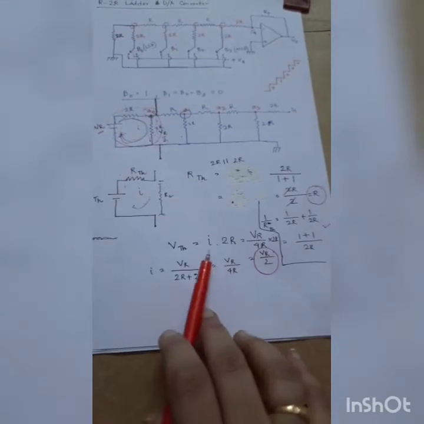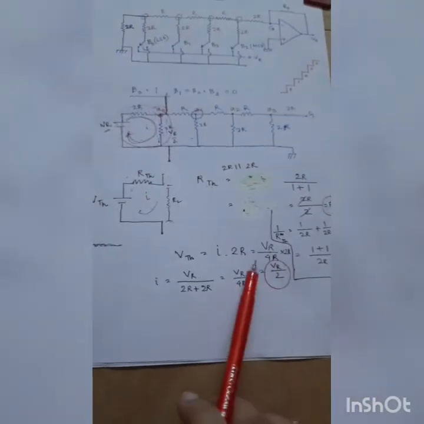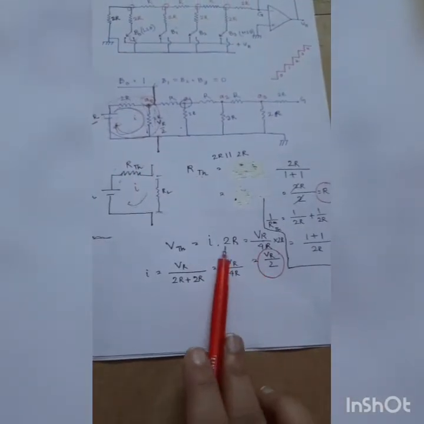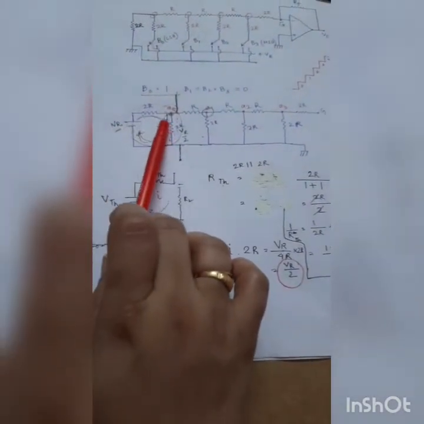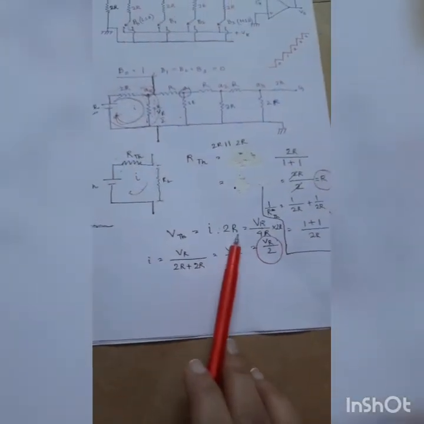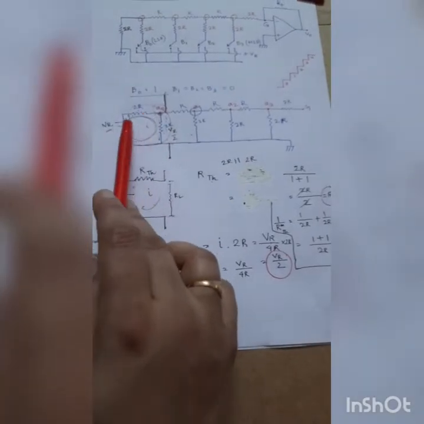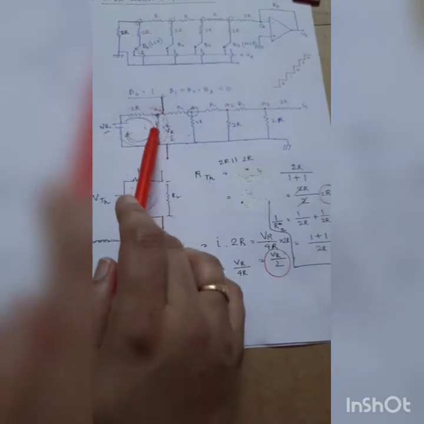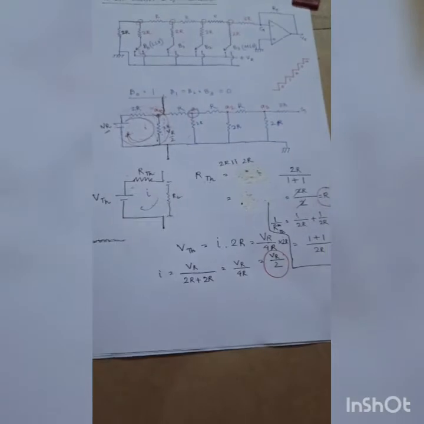So I will be the power supply VR divided by the resistance 2R plus 2R, that is 4R, and the VTH, the equivalent voltage at the point A0, will be I into 2R, because we are just considering this resistance while calculating the drop between these 2 points. So only this 2R is considered.